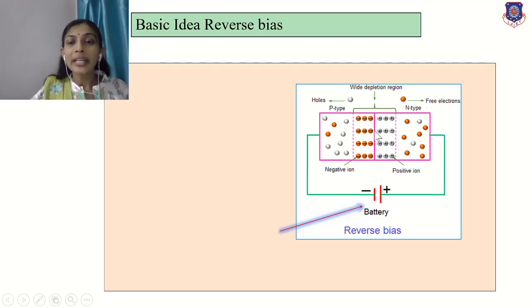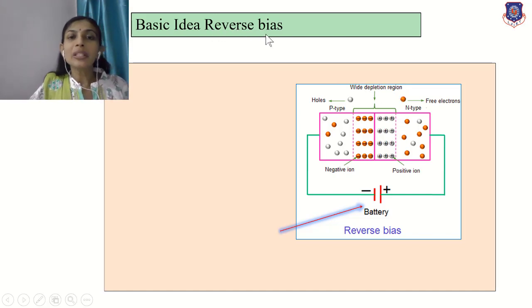So that's why both electrons and holes will be stretched from the junction. They are trying to move away from the junction, so the depletion region will be wide.